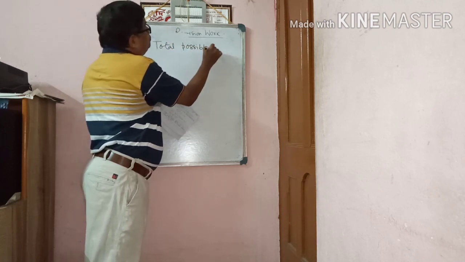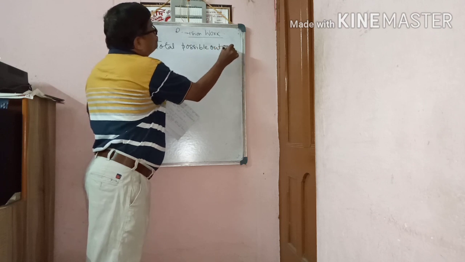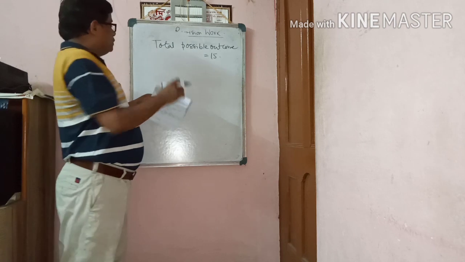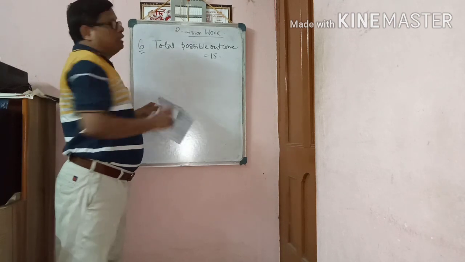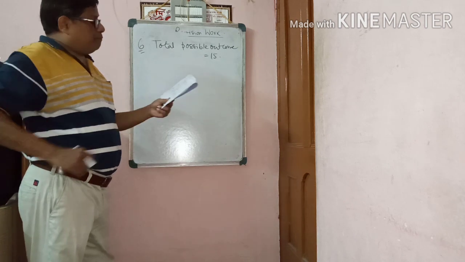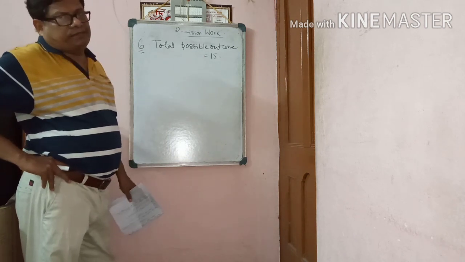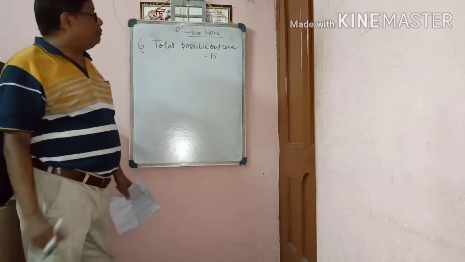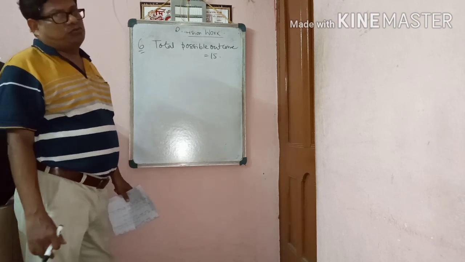Question number 6. Total possible outcome 15. Find the probability that the selected integer will be divisible by 4.